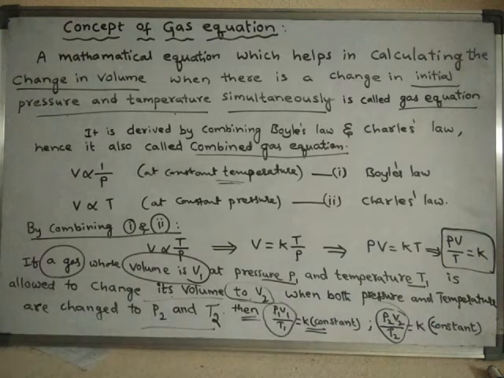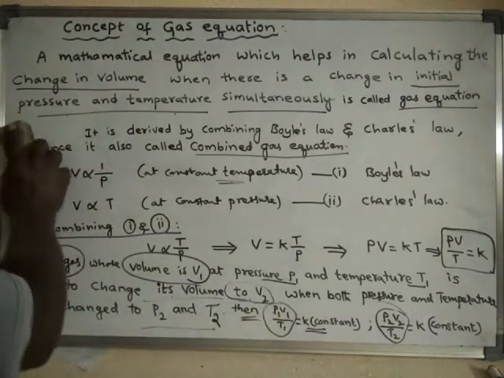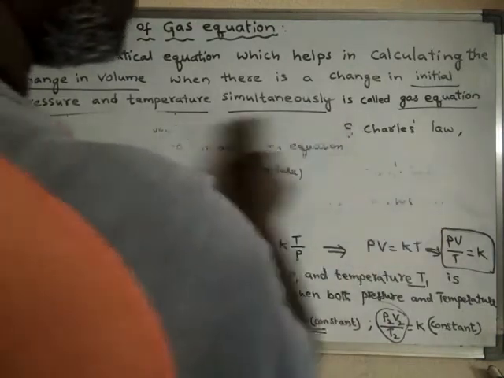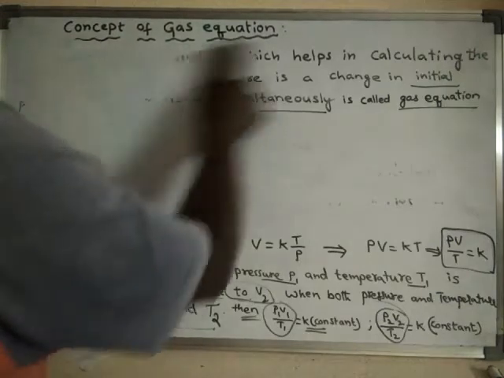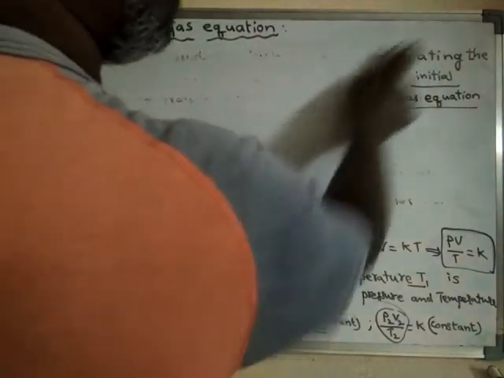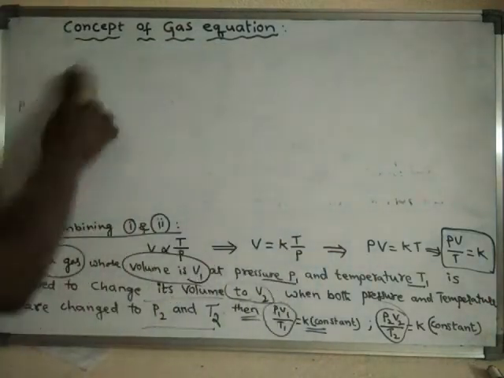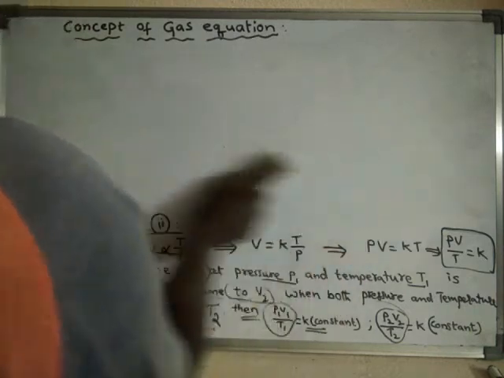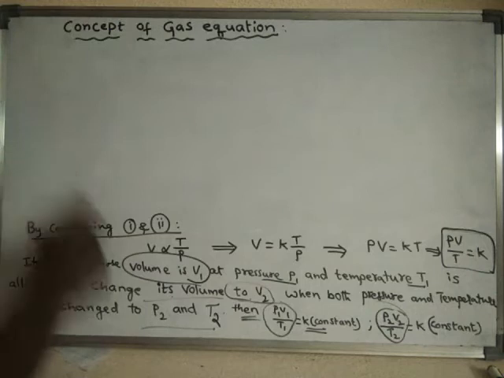Now the combined equation can be written like this. P1 V1 by T1 will always be equal to P2 V2 by T2, for the same amount of gas.